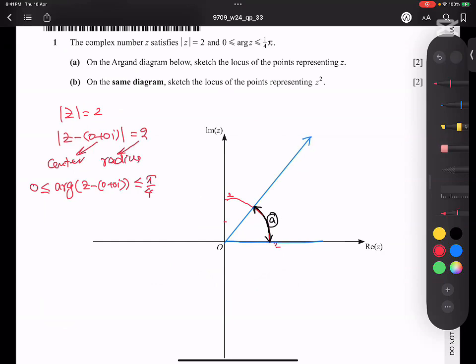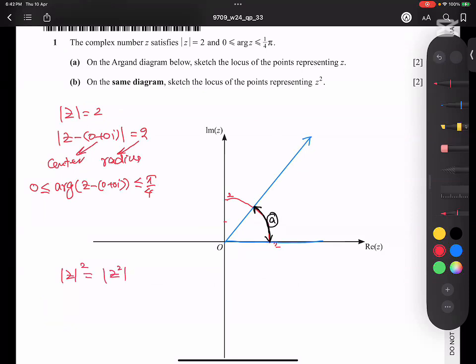The next part is: in the same diagram, sketch the locus of the complex number z square. Basically, by the basic formula, if I have z square, its modulus behaves like the modulus of z squared.